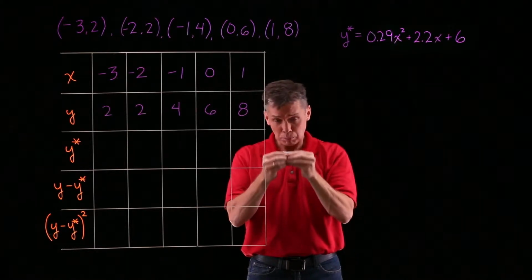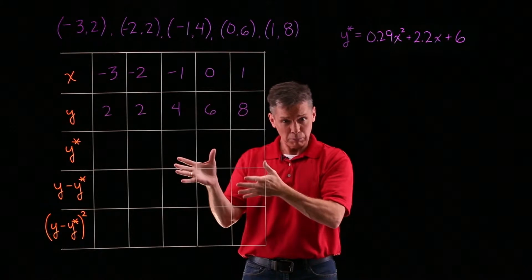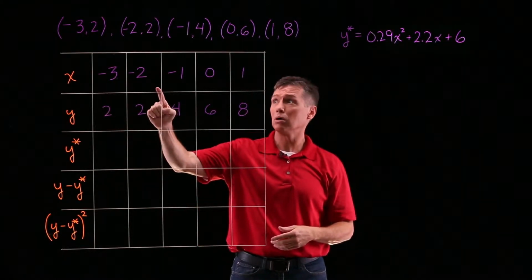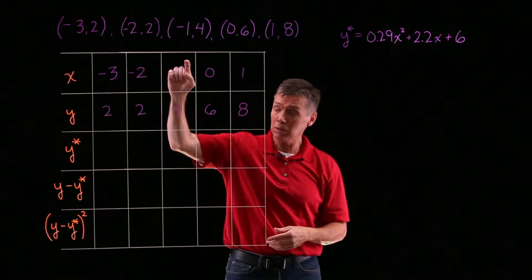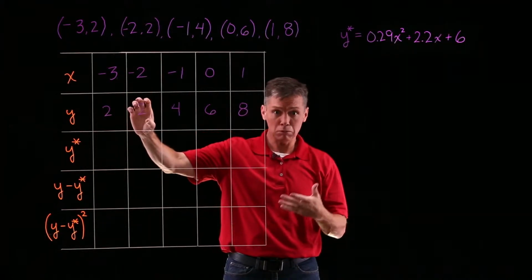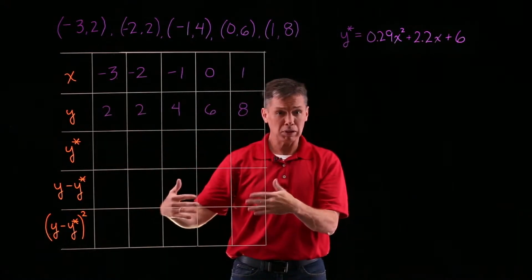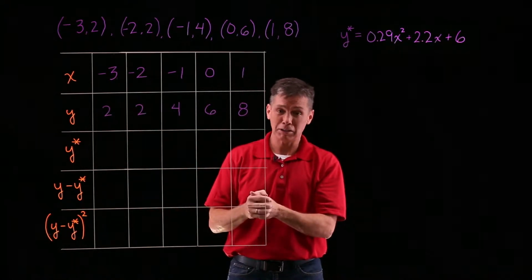So in order to do a problem like this, I would suggest setting up a table like this. What I have is all of the x values in the top row, and the y values as well, right from the data that they give you. And then these last few rows of the table we're going to fill in. You're going to want to have a calculator handy.